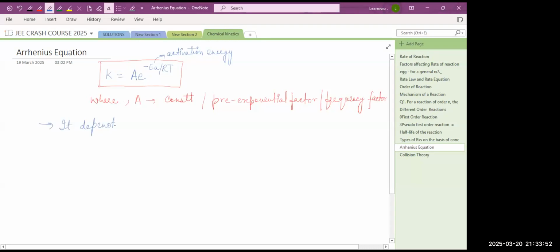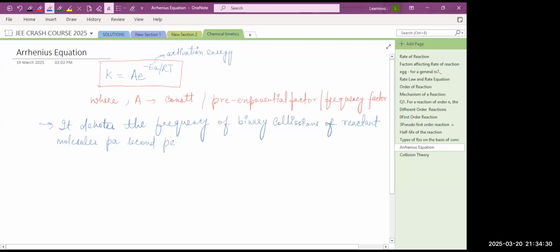This equation denotes binary collisions of reactant molecules per second per liter.